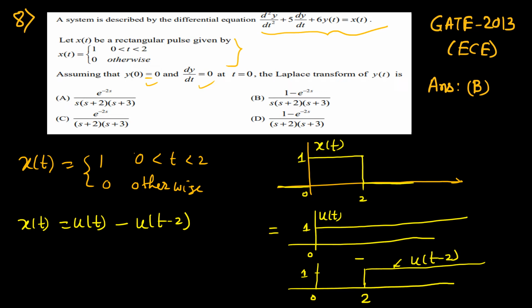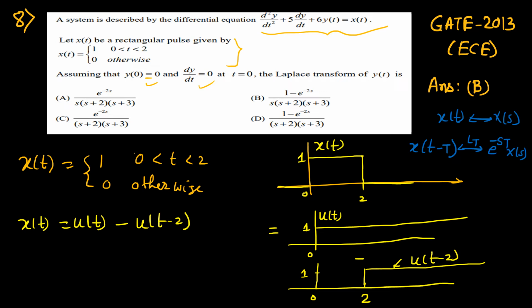Okay, so if t minus capital T, there is one more property. If x(t) has Laplace transform capital X(s), then x(t minus capital T) has Laplace transform e to the power minus sT times capital X(s). That proof is also simple.